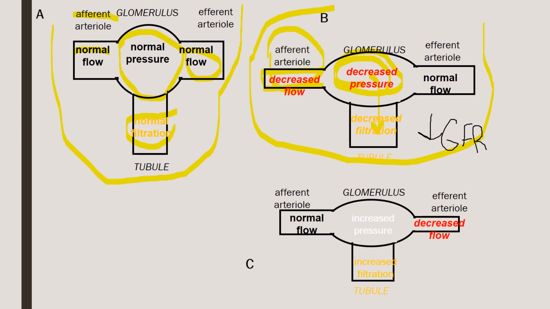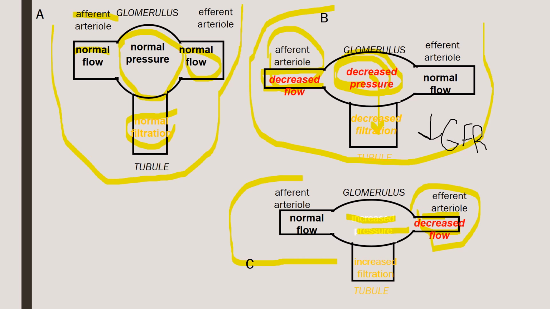Okay, another response that would be similar would be dilating the efferent arteriole, where that will also decrease the pressure going into the glomerulus. Okay, then lastly, in panel C here, this is where we have vasoconstriction of the efferent arteriole. So here you can see a decrease in blood flow because we have a smaller vessel now. And so this is actually going to increase the pressure within the glomerulus.